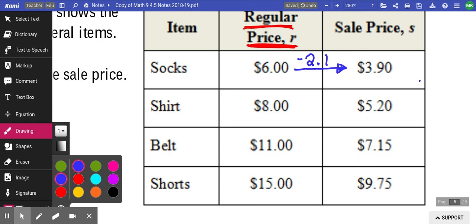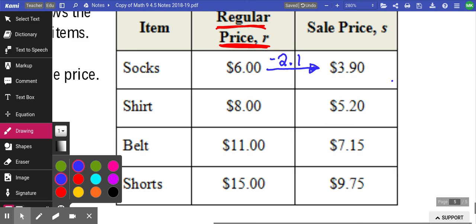I can then figure out the percentage that it's gone down by using that 2.1 and dividing it by 6, the original price. And if I do that, I get 0.35. I could do that again for every single price, and you'll notice I keep getting 0.35. So for instance, I look at $8.